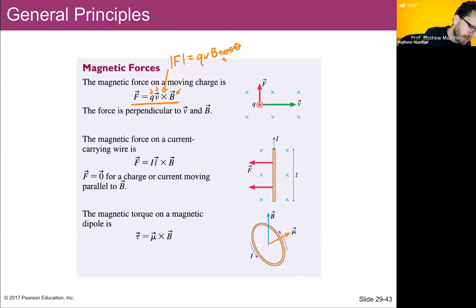Sorry, I've got the wrong trig function here. This has got to be a sine theta. If theta is equal to 0, if B and V are aligned, then I want that thing to go to 0. So that better be sine. Sorry about that.